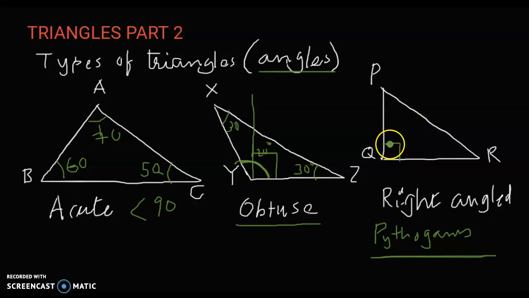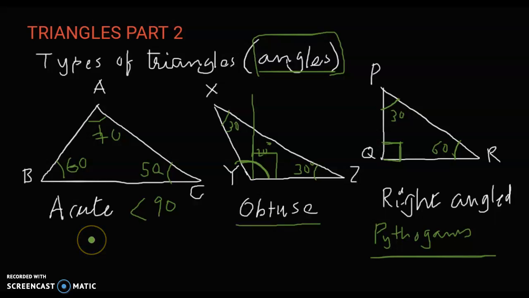One angle is 90, so the others could be 30 and 60. If you add this and this, it will be 90, because all the three angles would equal 180. So these are the three types of triangles according to angles.